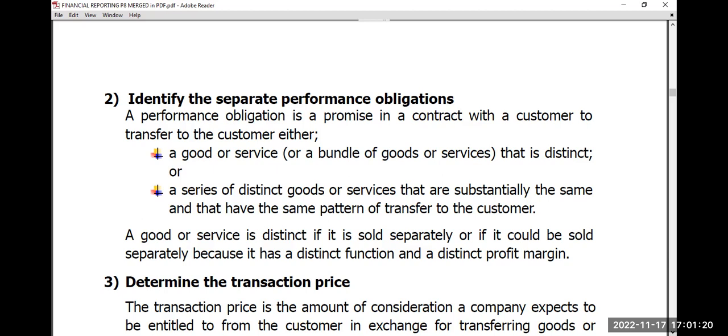That's basically what we are looking at when we say a series of distinct goods and services that are substantially the same and that have the same pattern of transfer to the customer.